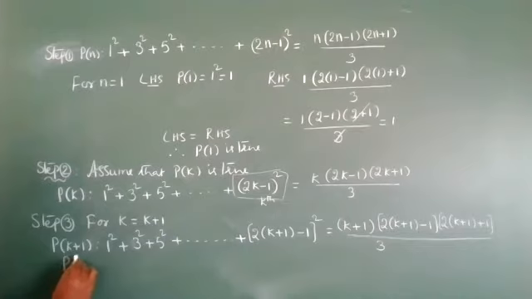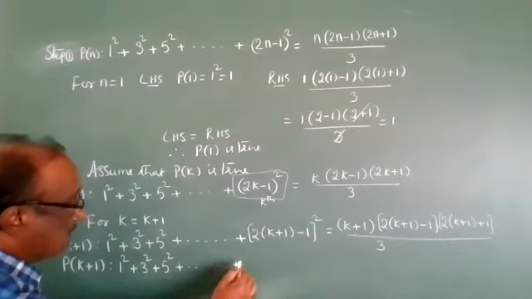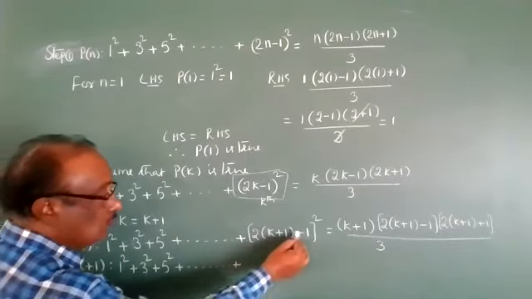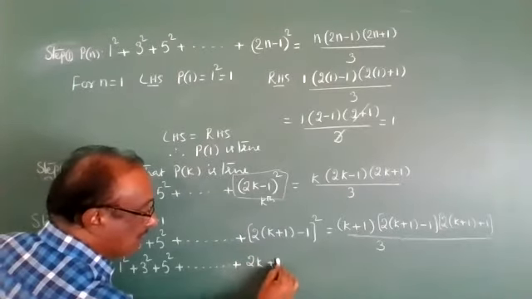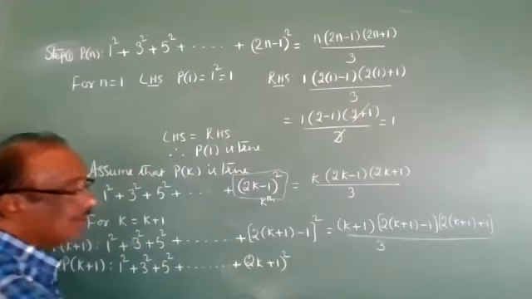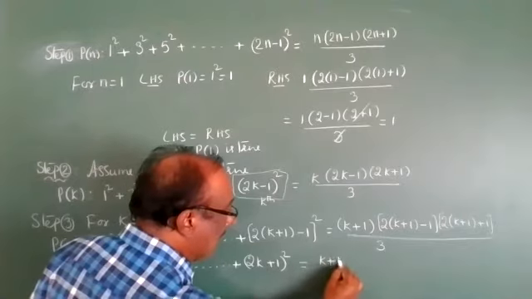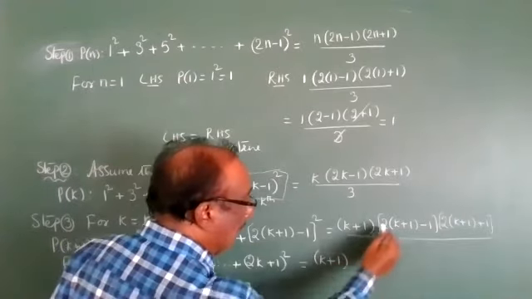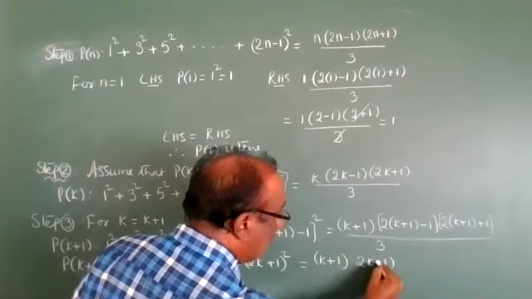Simplify and write down first. P of k plus 1 numbers. Sum of 1 square plus 3 square plus 5 square dotted plus 2k plus 2 minus 1, this is 2k plus 2 minus 1 whole square. Okay, now right side is k plus 1. 2k plus 2 minus 1 is 2k plus 1. 2k plus 1.